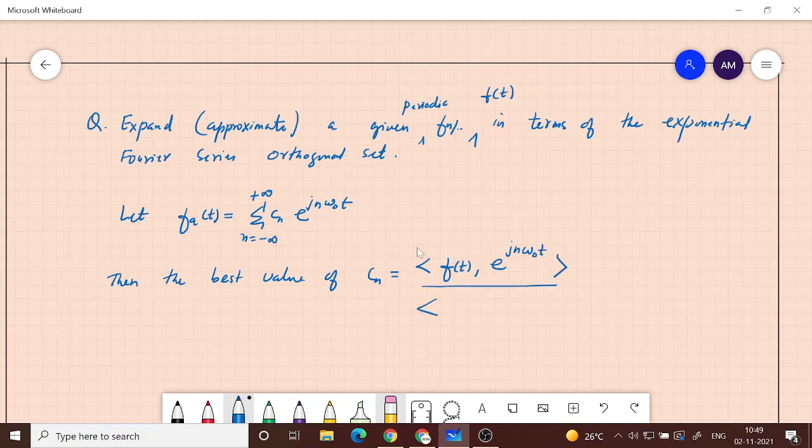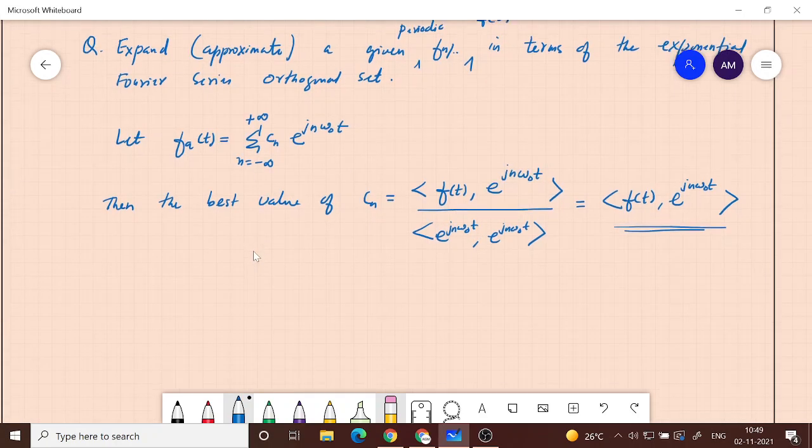Actually, in the formula we have e raised to j n omega 0 t comma e raised to j n omega 0 t in the denominator, but we know that it is 1, so we can just drop it and write only this. If the function set is not only orthogonal but also normalized, then the formula gets simpler. We have only this because the denominator is 1. That's the meaning of normalized functions or an orthonormal set.